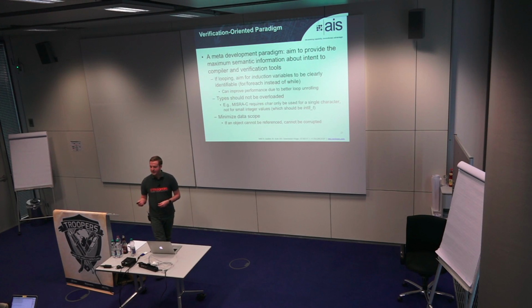So if you're looping, try to figure out how you could make the induction variables basically what it's using to calculate when that loop will end or how that loop is related to other variables. Make that as explicit as possible. So that would be using a for loop. And so actually that makes your code faster, because compilers, if they can find your loop induction variable, can unroll loops better. And that's actually a performance impact. So that's a non-security benefit of writing with this mindset.